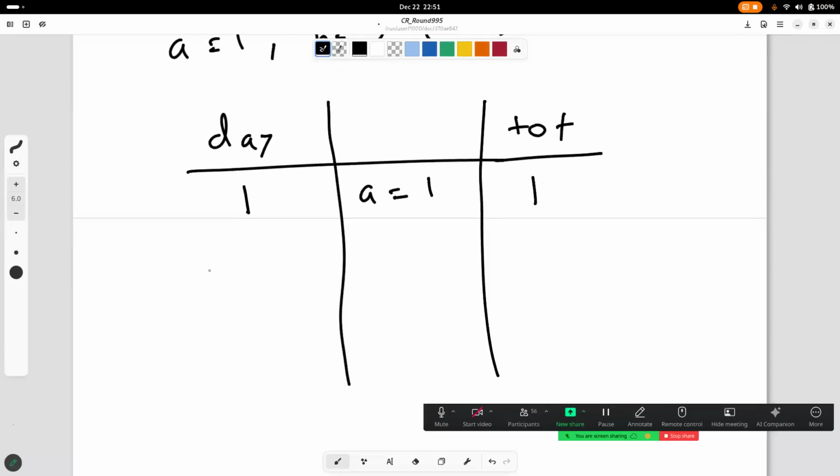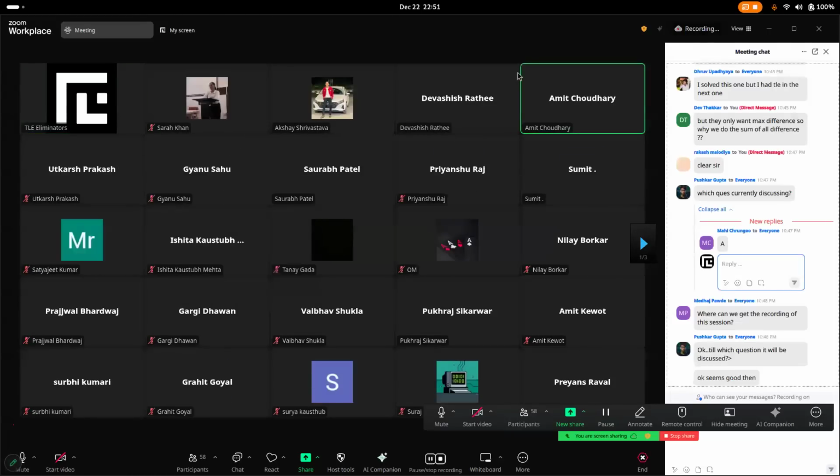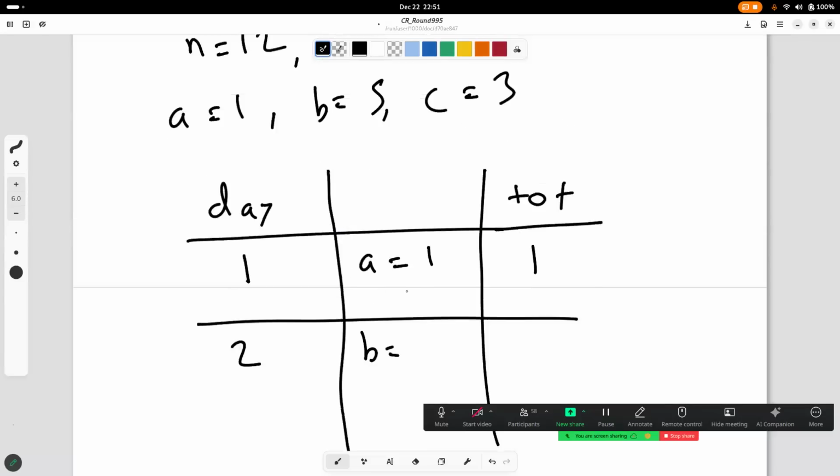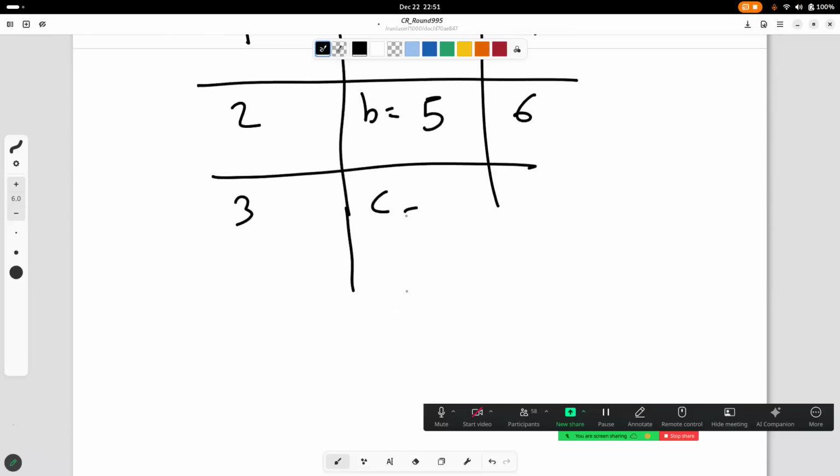So he has traveled 1 kilometer up to now. On day 2 he is going to travel B equal to 5 kilometers. So in total, that's 5 plus 1, 6 kilometers. On day 3 he is going to travel C equal to 3 kilometers. So that's 9 kilometers in total.